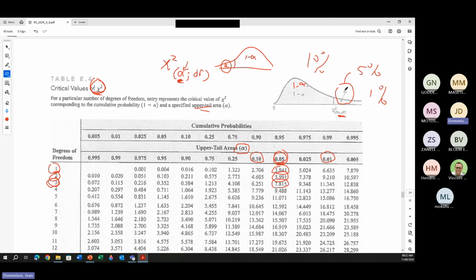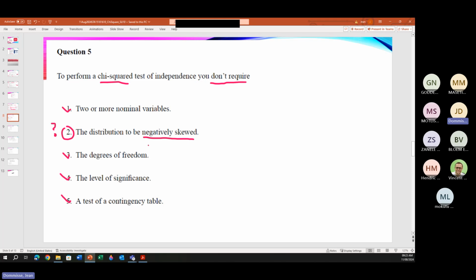Here it is specifically upper tail, then you just have a lower tail. So it's important that this does not need to be negatively skewed. It can be positively skewed as well. It can be a bit more of a normal distribution.